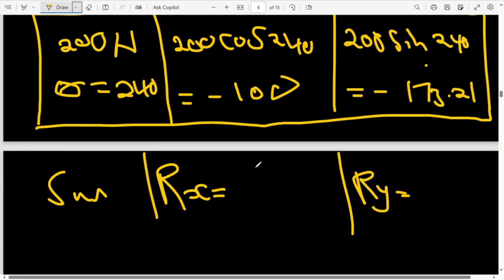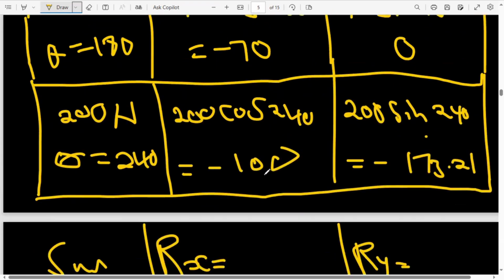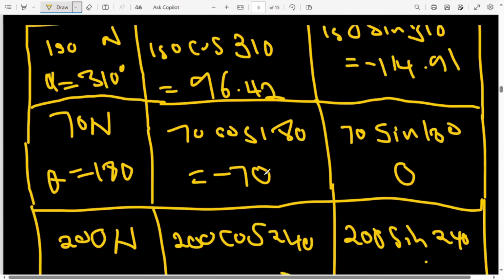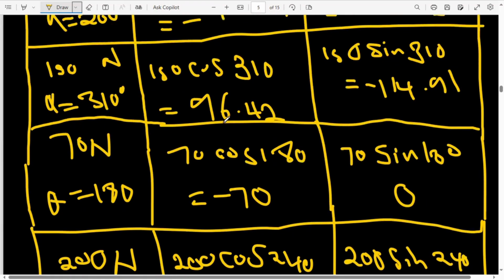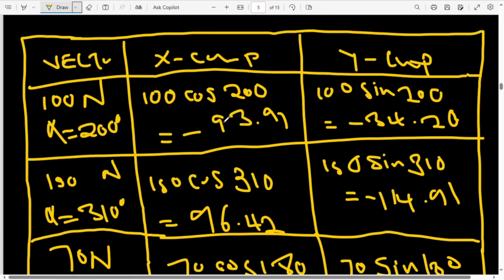So let's add. Minus 100, minus 100, minus 70, and then plus 96.42 plus minus 93.97.